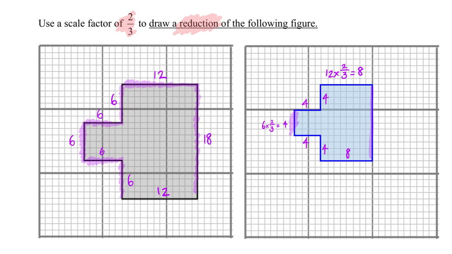Then this part here will actually be 18 multiplied by 2 over 3 to give me a value of 12. Okay? And that is how you draw a reduction of the figure. Well, let's move on to the next example.